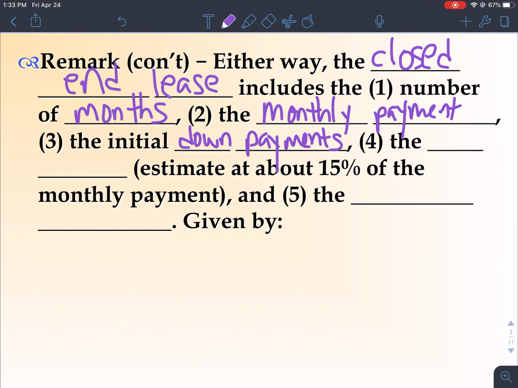Sometimes there are offers such as $0 down in order to lease a car. The car taxes, you're going to have to pay those every month. And we'll estimate that at about 15% of the monthly payment. And, of course, from the last section, the insurance premium.